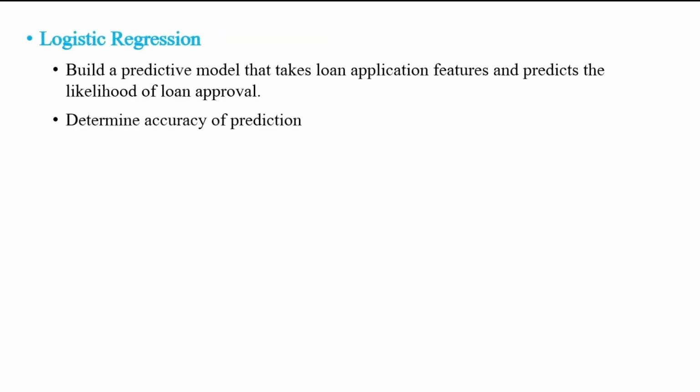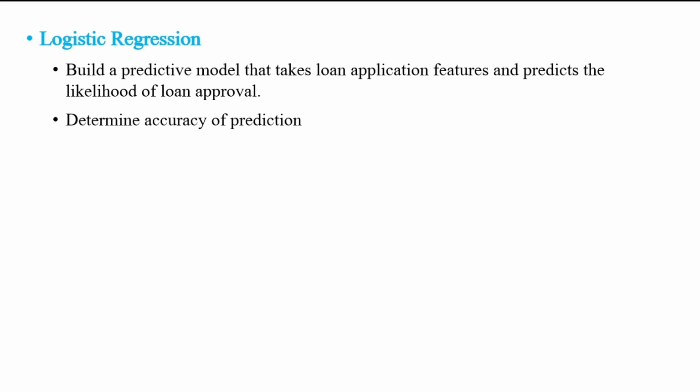Also under this analysis, we will be using a logistic regression. This is a machine learning algorithm. We will be using the logistic regression to build a predictive model, which will take the loan application features.